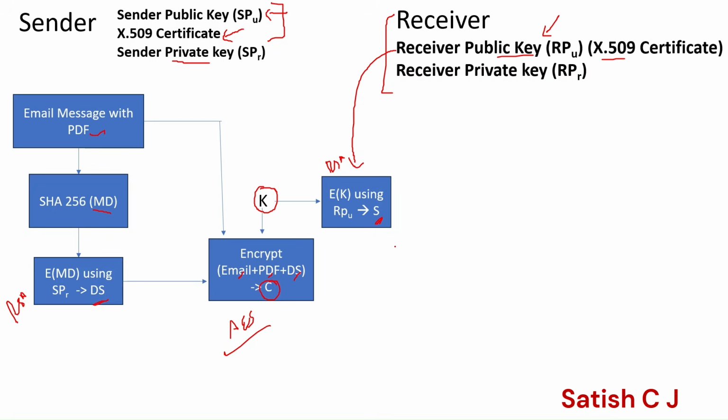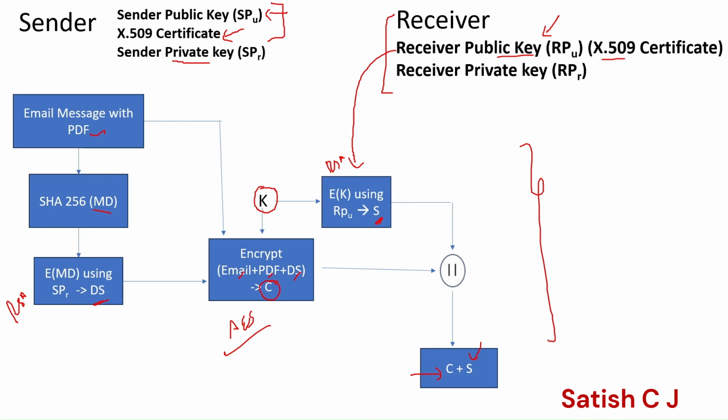We get the encrypted version of the key, and then we send the email, PDF, and digital signature encrypted using AES cipher, and also the symmetric key which was encrypted using the receiver's public key, to the receiver. So this is what is happening from the sender's end.